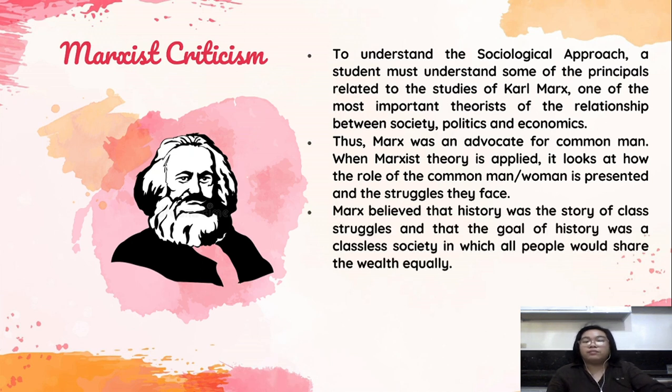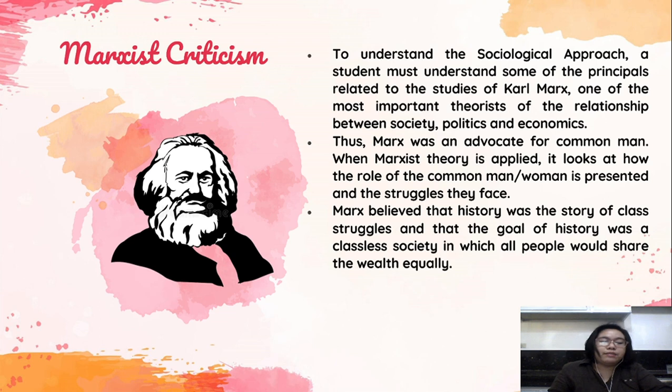And then Marx believed that history was the story of class struggles, and that the goal of history was a classless society in which all people would share the wealth equally. So, the critic using this approach looks for the exploitation of the working classes, or what we call the proletariat, by the capitalist classes who owned resources and national economics.